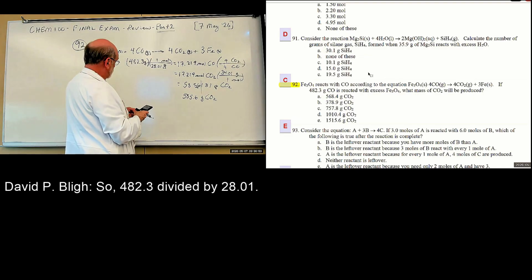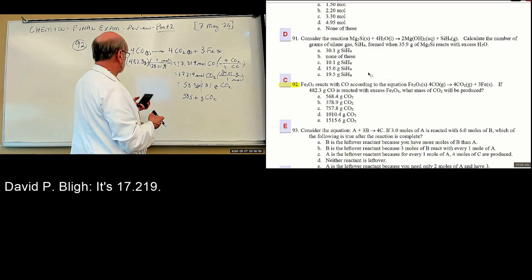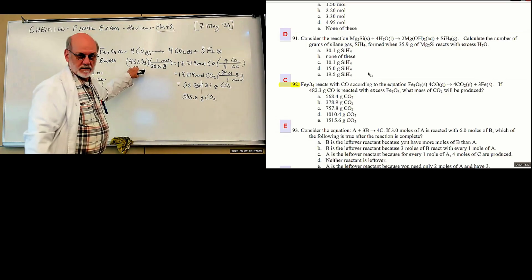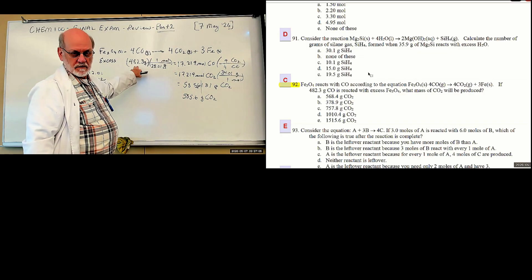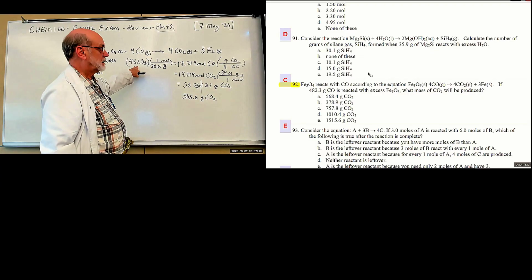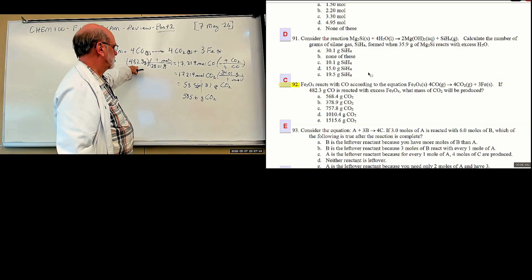So 482.3 divided by 28.01 is 17.219. 482.3 grams of carbon monoxide. Okay. Yeah.